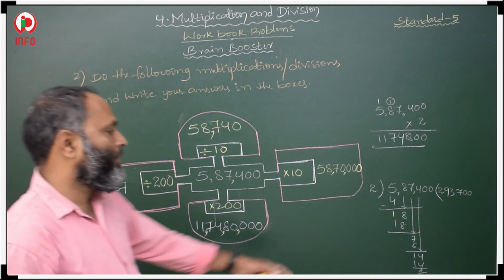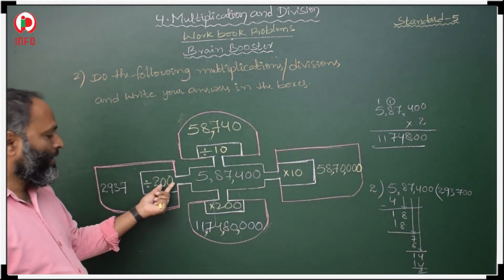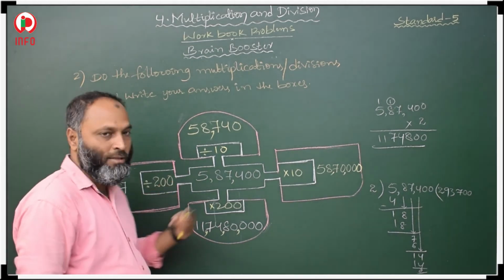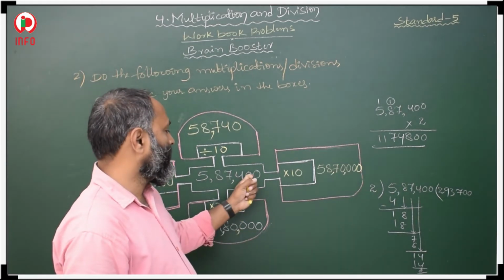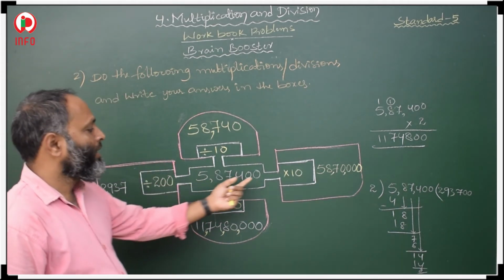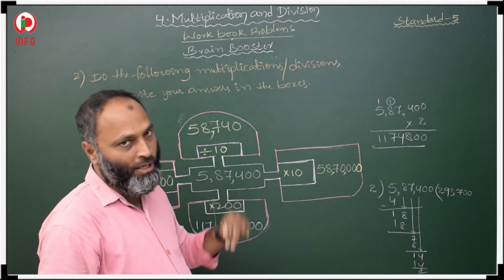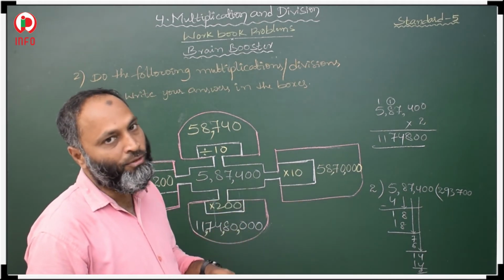And here we have 2 zeros. When we divide by 200, the 2 zeros will get cancelled, meaning decrease, so don't take these 2 zeros. When dividing, if 2 zeros are there, then we have to remove 2 zeros.